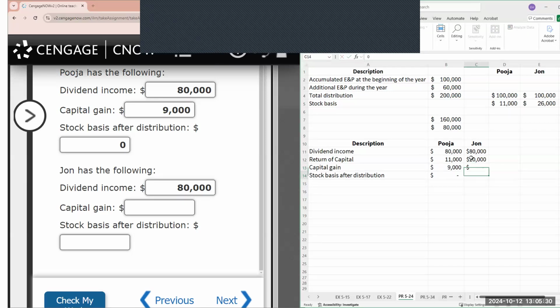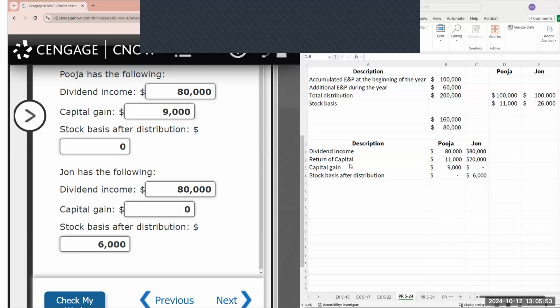There's no capital gain because there was enough stock basis for John to absorb the excess distribution. So John's stock basis is 26,000 minus the amount of the distribution treated as a return of capital. John's stock basis after the distribution is $6,000.